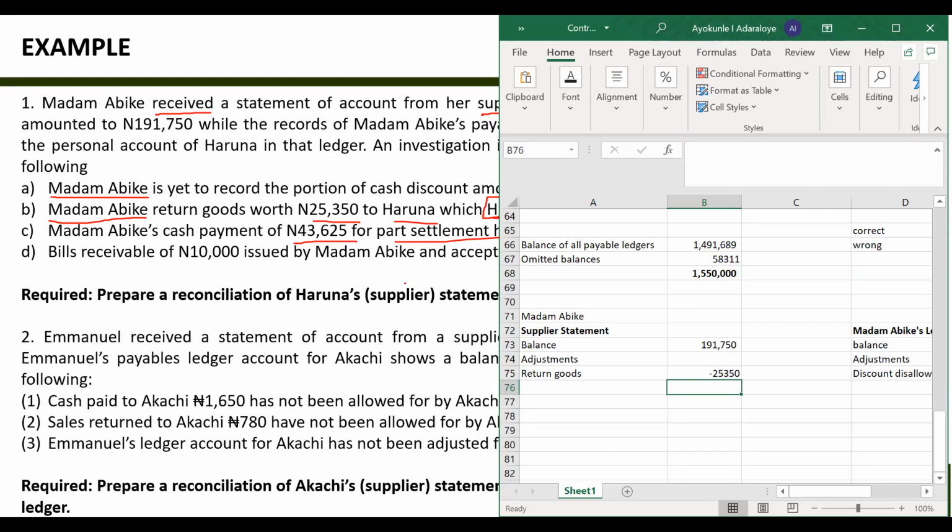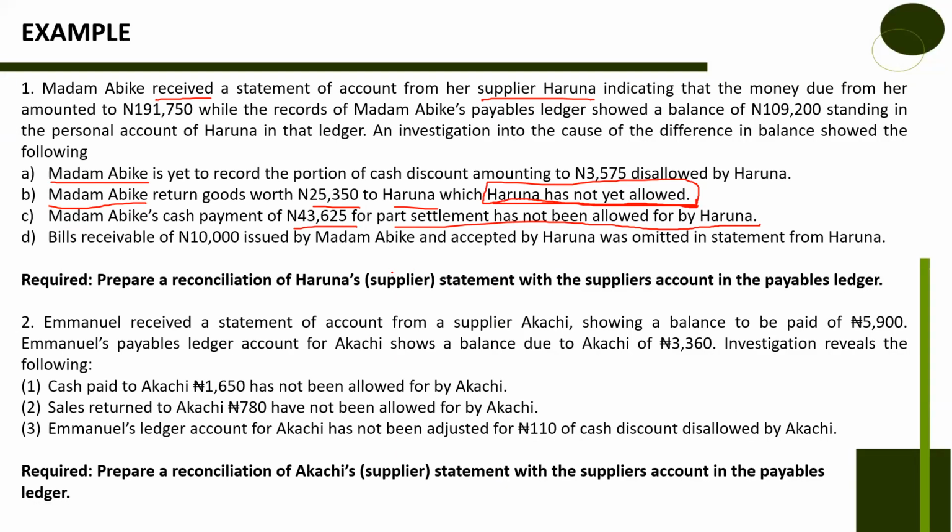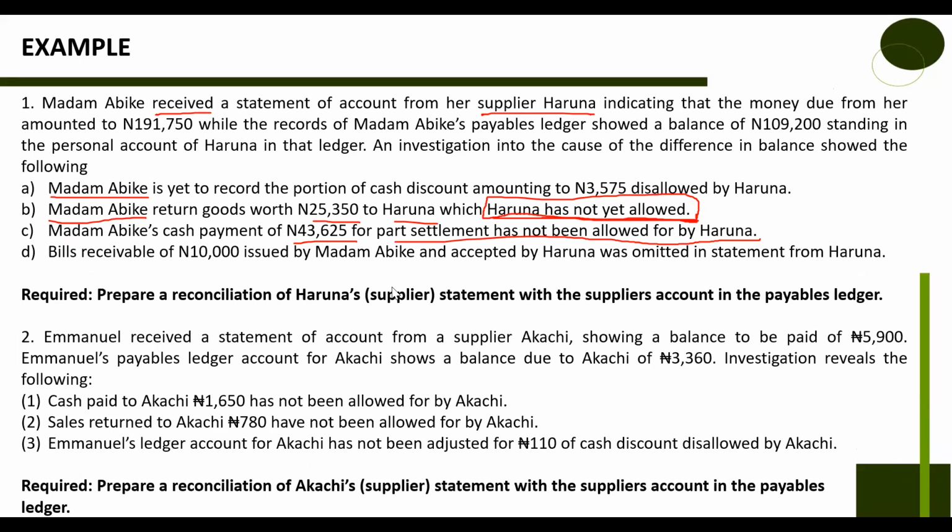Should I remove my Excel so that you can see it? Aruna's part. Are we removing from what Aruna sent to us, or adding to what Aruna sent to us?